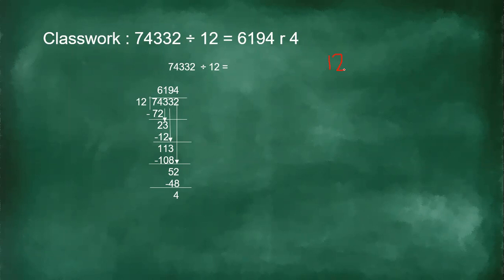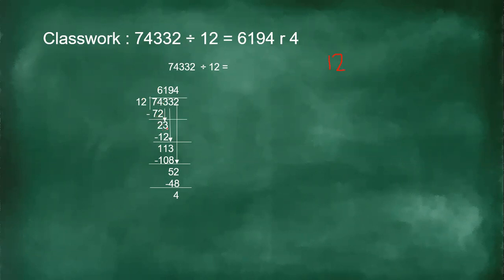Then you start by saying 12 into what? 74. 12 into 74 must go how many times? 5 times is 60. 6 times 12 is 72. 74 minus 72 is 2.